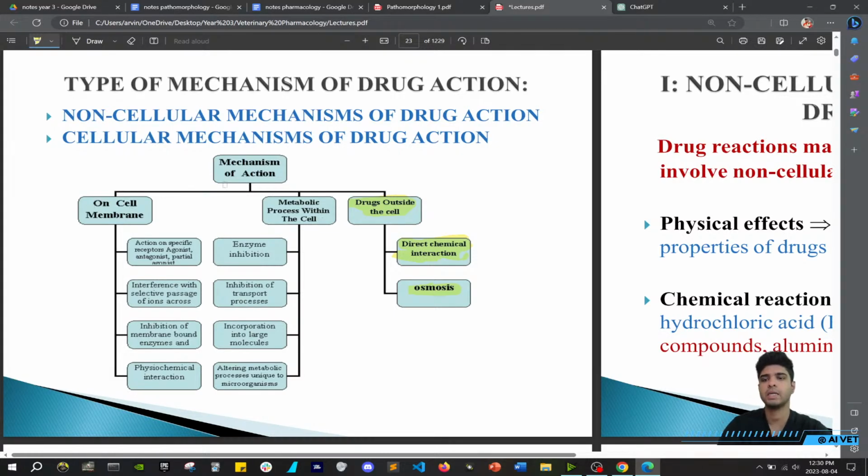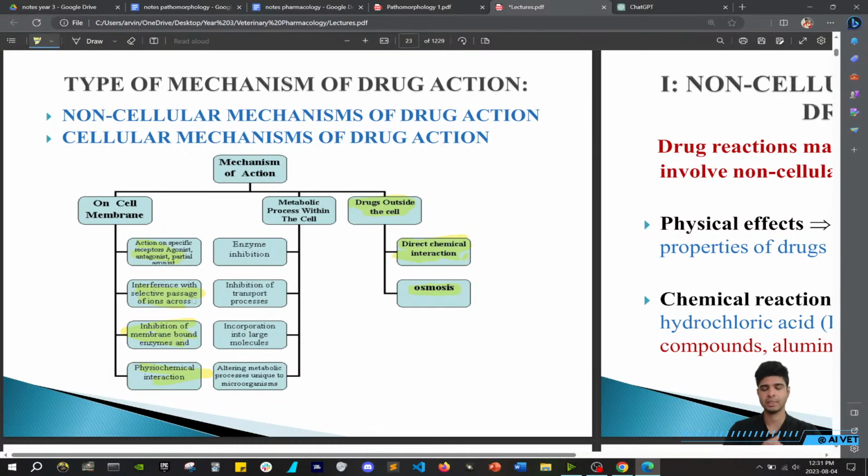Okay, so for the mechanism, a drug can act on the cell membrane or it can act inside the cell. Inside the cell, those are the drugs that are steroidal, that can pass through the phospholipid bilayer and act. The ones on the cell membrane are the ones that act on the cell receptors, so specific receptors, and inhibition of membrane-bound enzymes.